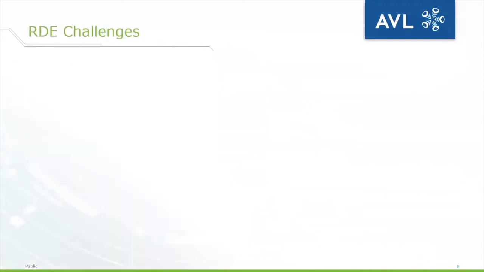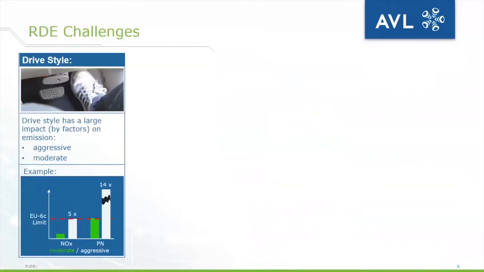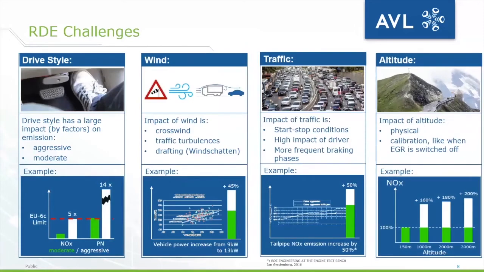If you look at only the emission challenges, again, by law, there are certain limitations in terms of the aggressiveness of the driver or in terms of road conditions. So, for instance, if you look at the emission results comparing different driving styles, it has a very impactful effect on the resulting emissions.